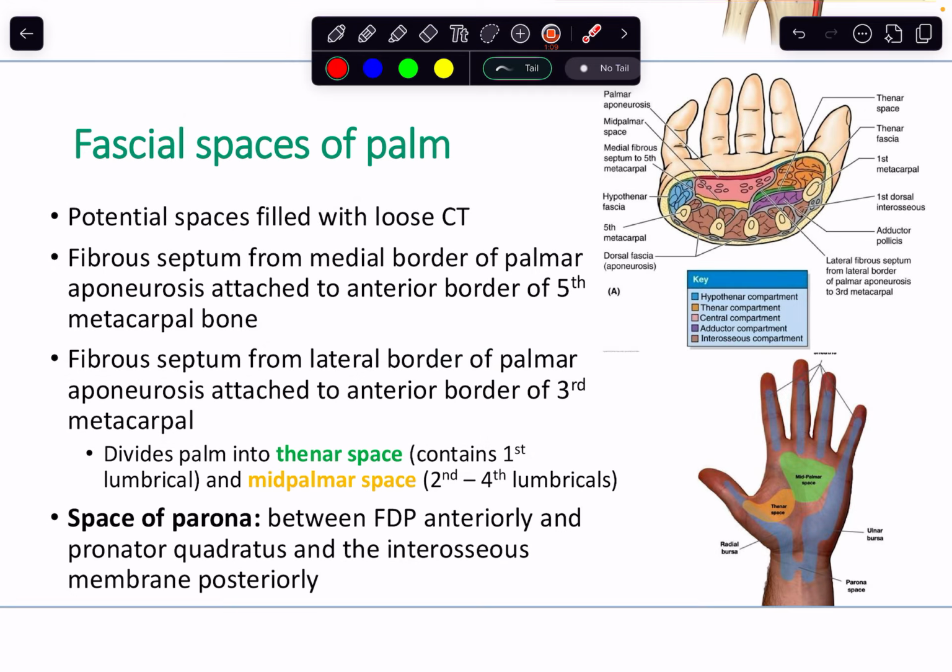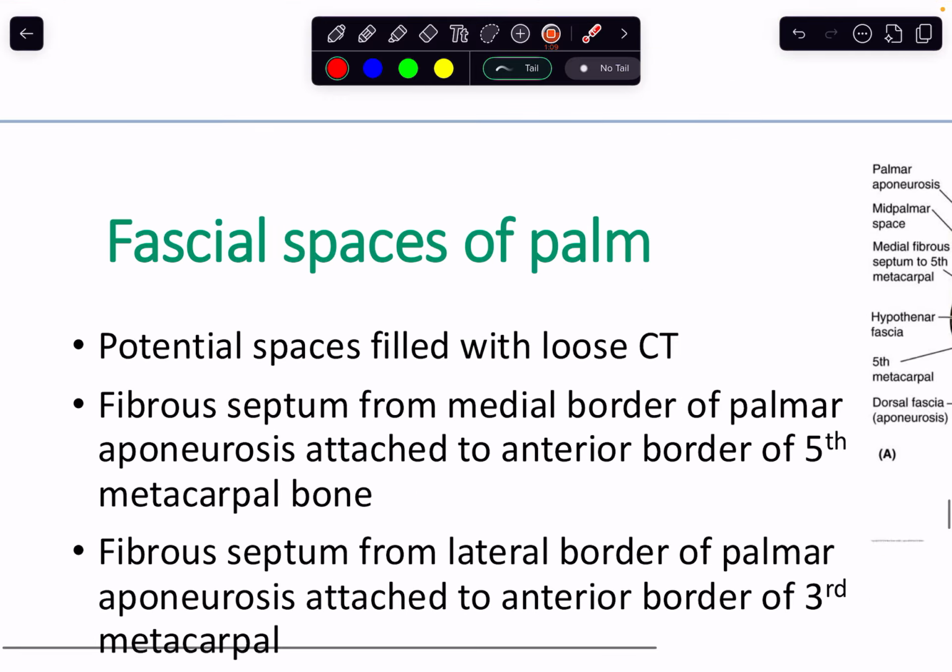Because with any infection, if a nail pierces here, its sepsis, the pus should be limited to this thenar area. If it is in the center, its pus should be limited to the middle area. It should not go here and make the whole hand disabled, right? So to avoid this, God has made compartmentalization.